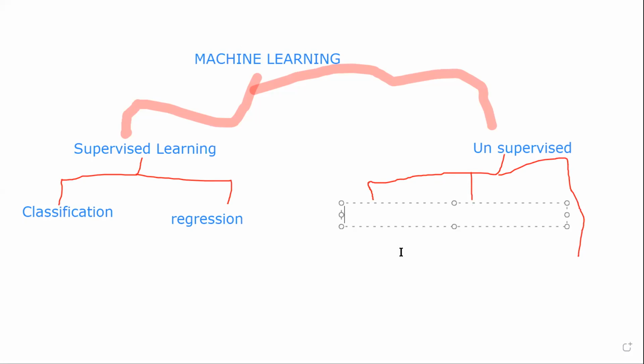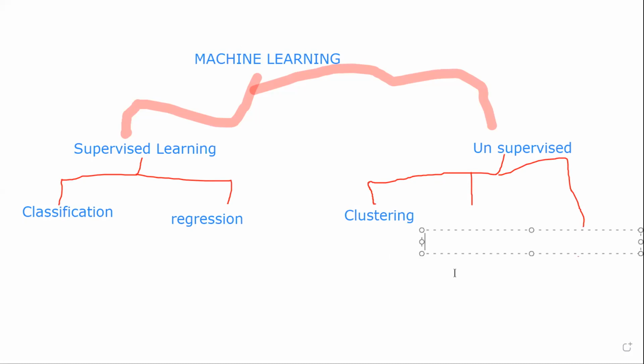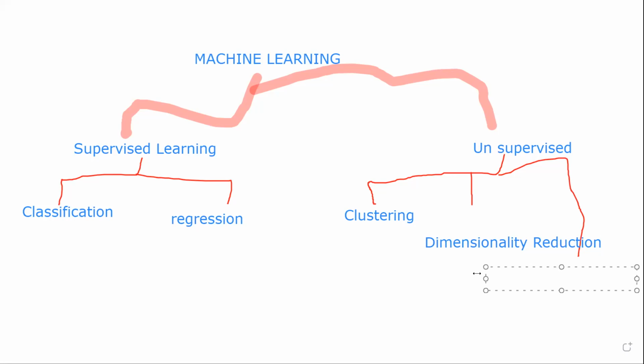They are clustering, dimensionality reduction, and the last one is association mining.